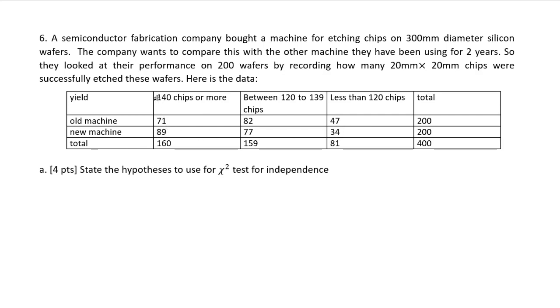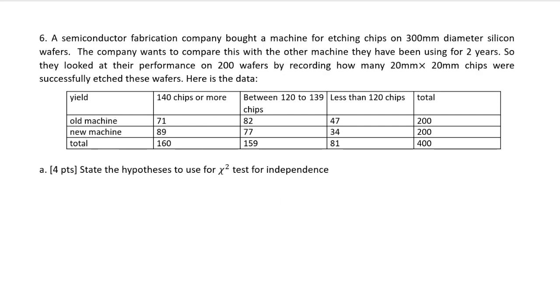Like if you can have one wafer giving you 140 chips or more, that's better, because even if you etch these chips on wafers, they a lot of times have errors, and if they have errors, it's no good, so you throw them away. So having a lot more chips successfully etched would be a good thing for the company. So they got this data, and they're wondering, hey, is this new machine somehow much better than the old? What's going on? Okay, so they want to test this out.